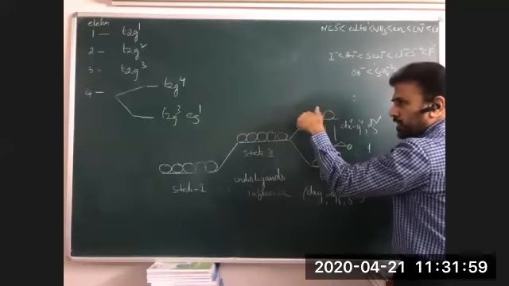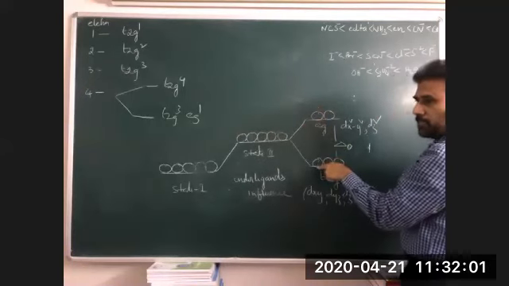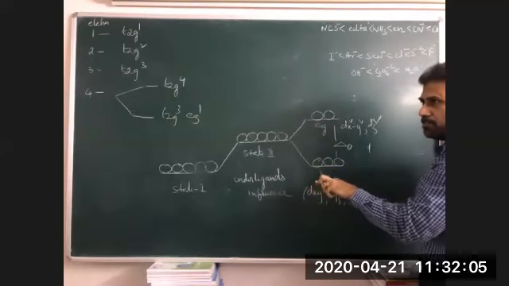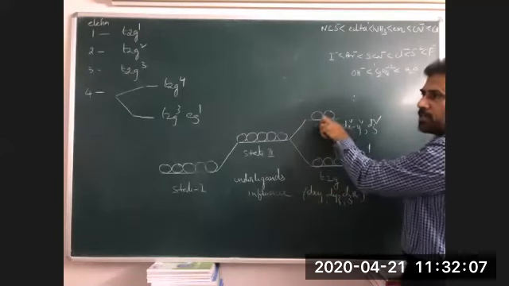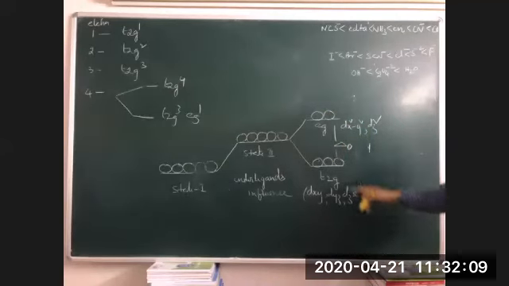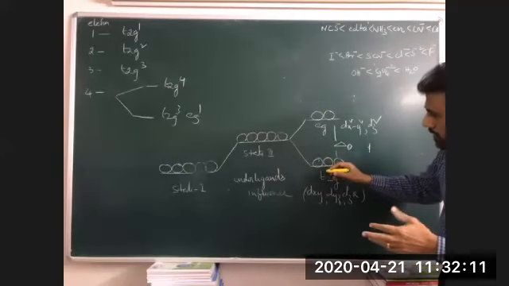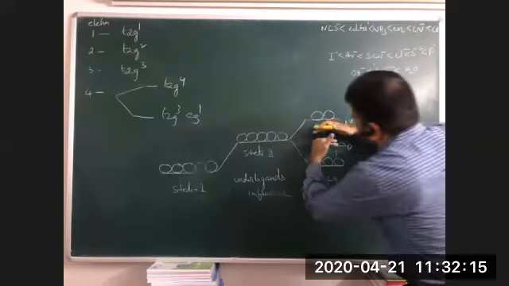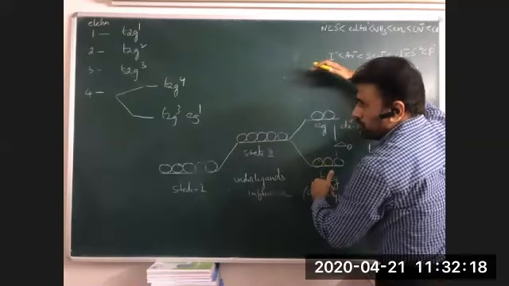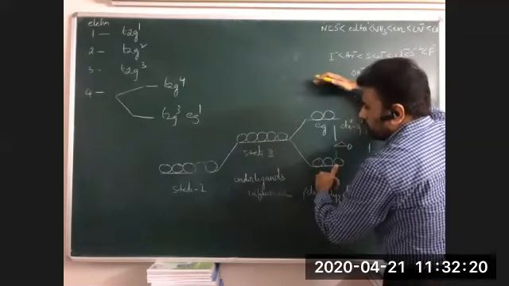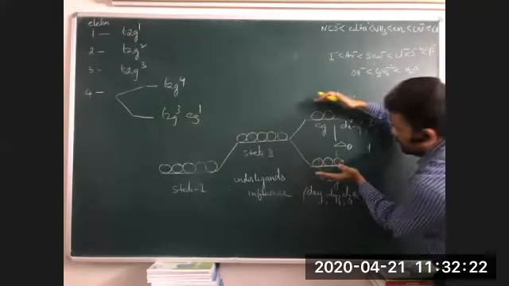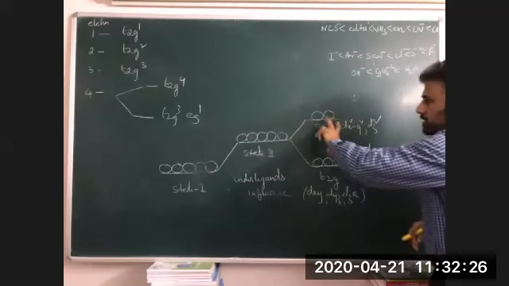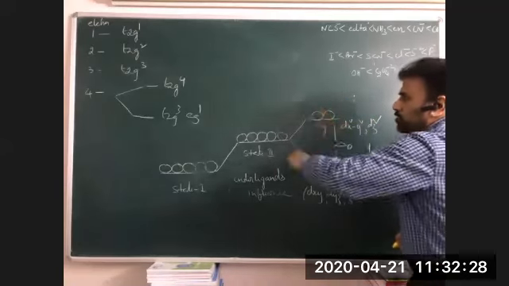In such a case, pairing takes place, because pairing energy is less compared to the octahedral splitting energy. If the energy difference is less, the electron jumps to the higher level. So based on this energy difference, the electrons will reside there.